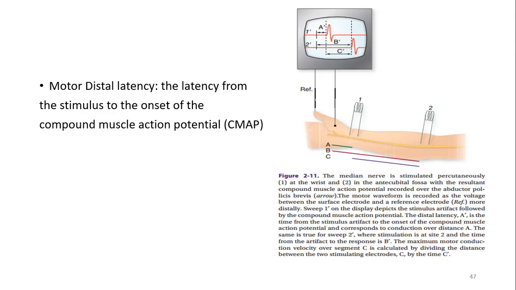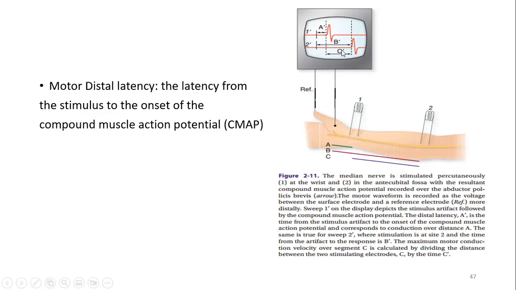What that means, I will tell you by showing the diagram. The latency period for electrode 2 is here; as you see, B prime is the onset latency, or the distal latency, for electrode 2. This is prolonged, as you see. Then the latency for electrode 1 is this one, A prime.